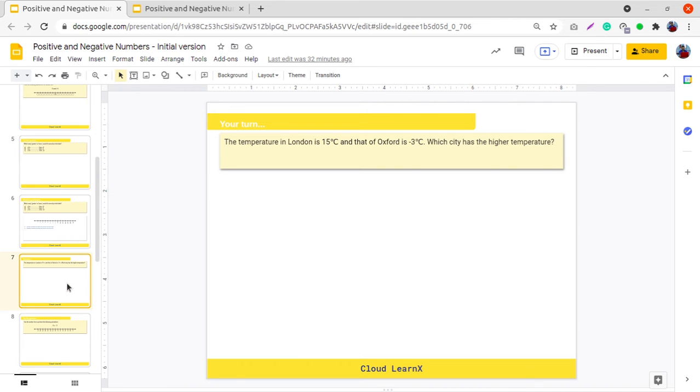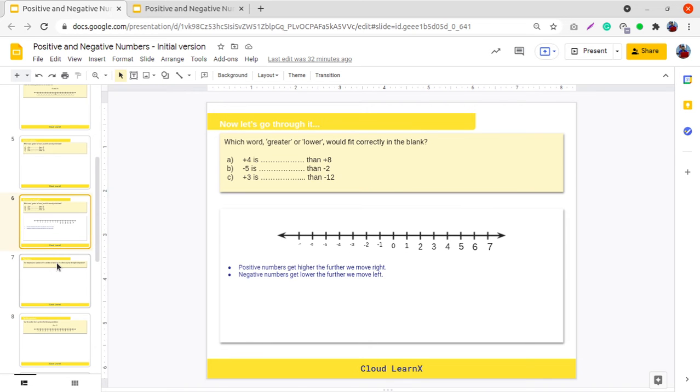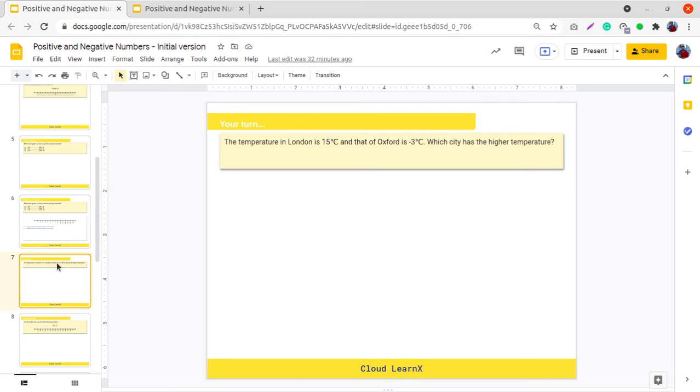So this is the application question. We discussed how to compare numbers, and the question here is comparing the temperature of two different cities. I like this, one, because it's trying to associate the real life application, to find out associating negative with temperature.